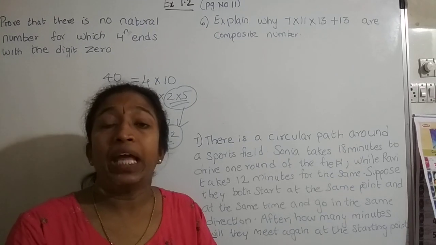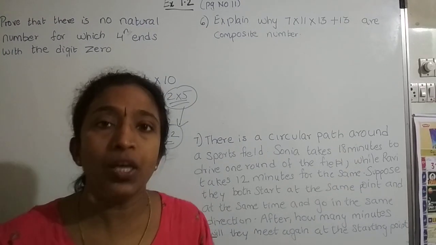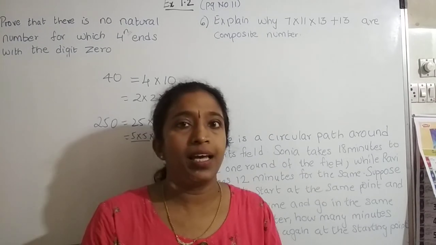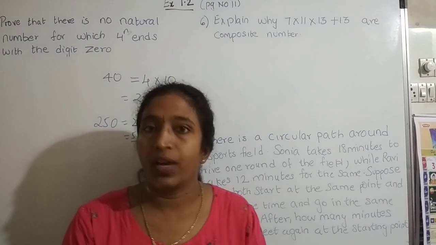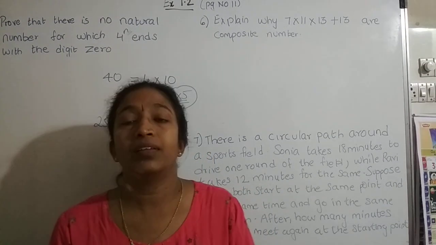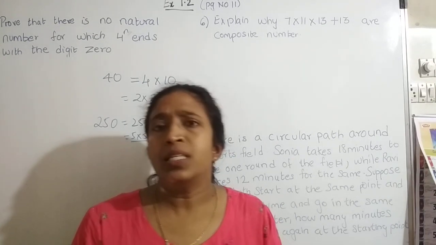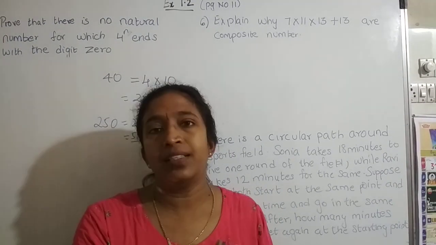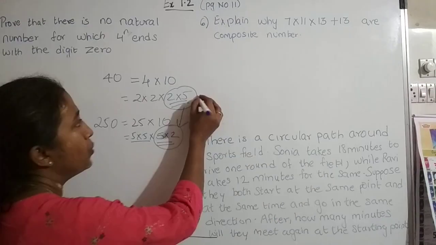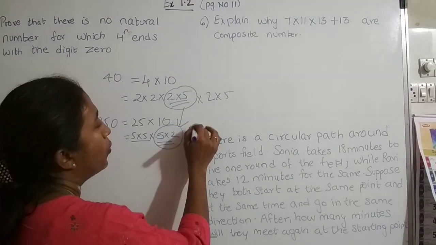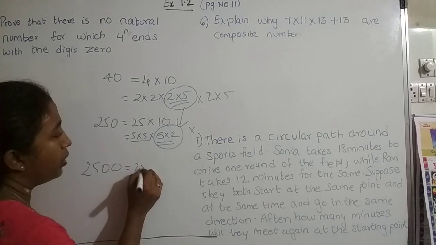So you must have 2 and 5 as prime factors. That means for any natural number to end with 0, the condition is that you must have 2 and 5 as prime factors. If you have 2 and 5 as prime factors, then the number will end with 0. Correct? Do you understand that? Suppose a number has to end with 2 zeros. Then you should have 2 into 5 more. For example, suppose I have 2500. I'll write 25 into 100.